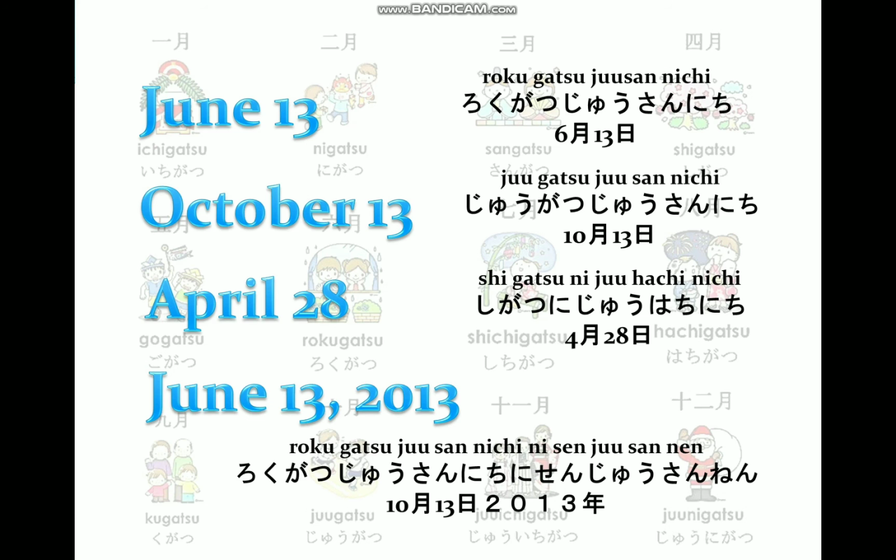So again, Rokugatsu for June, juusan nichi for the 13th of the month, and then nisen juusan nen for the year 2013. So again, it's Rokugatsu juusan nichi nisen juusan nen for June 13, 2013.